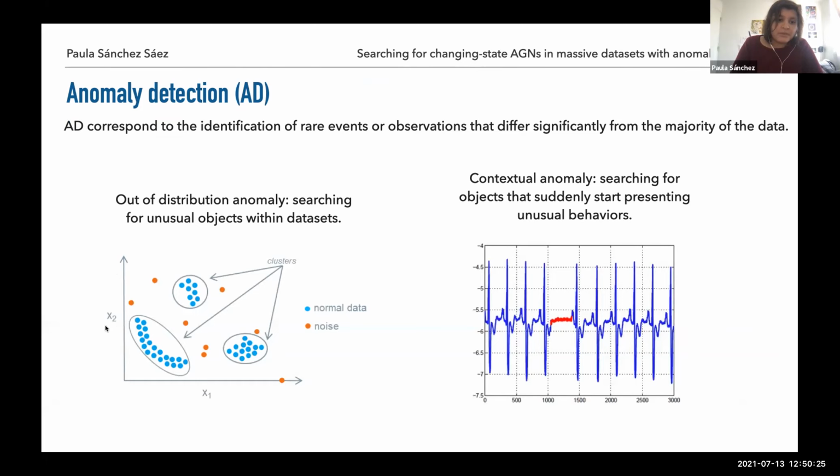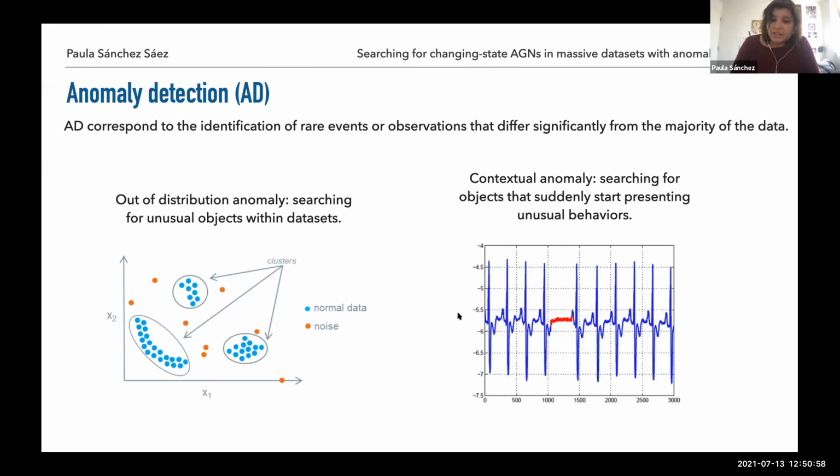For instance, here we have two variability features or properties for the sources, and the normal data is clustered in very specific regions, and the anomalies are located outside these clusters. And we also have contextual anomaly detection, where instead of discovering sources that are unknown or particularly rare compared to the regular data, we look for sources that are normal but suddenly change their variations or behaviors.